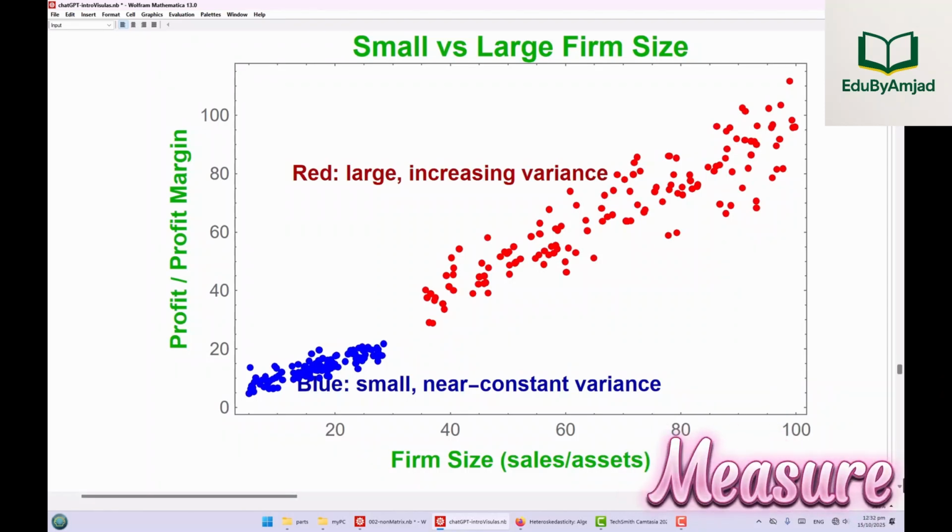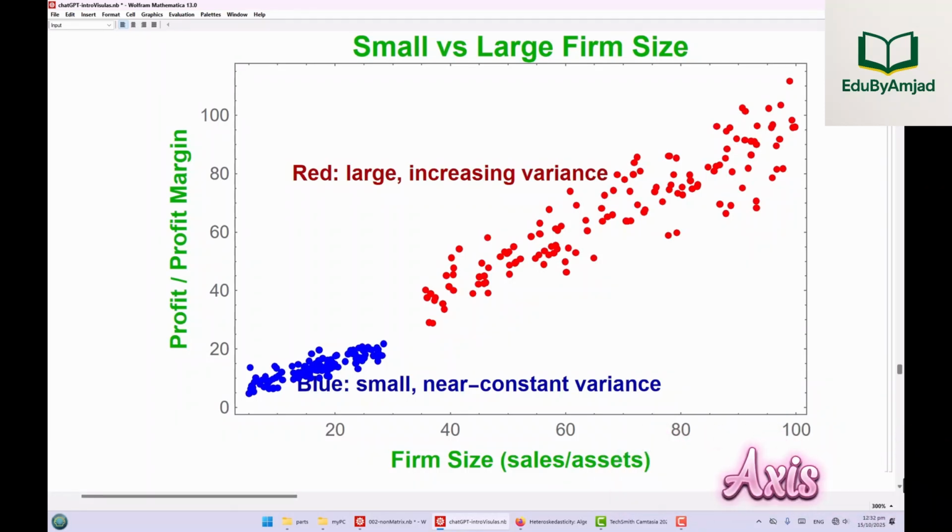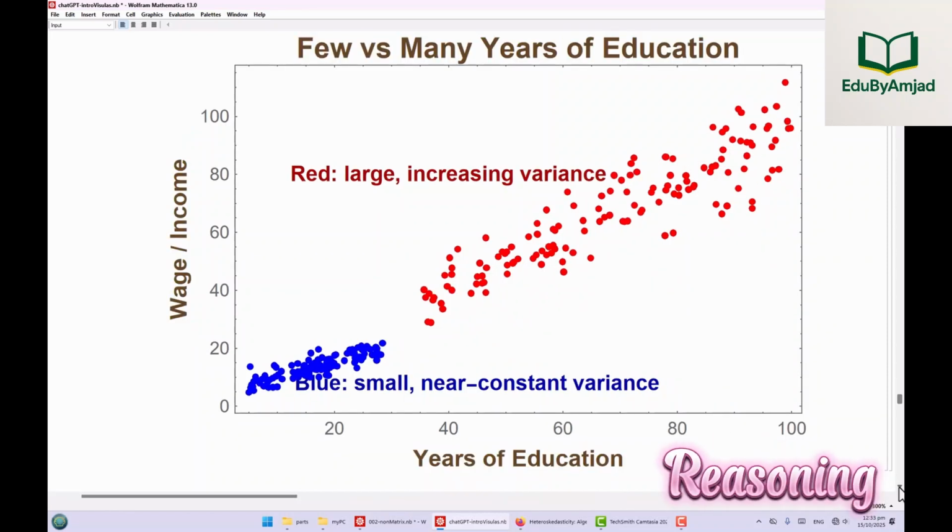Similarly, when we measure firm size on the horizontal axis, say, by sales or assets, and plot their profits or profit margins on the vertical axis, small firms will form a pattern like the blue dots, while large firms will form a pattern like the red points. The same reasoning applies to education and wages.